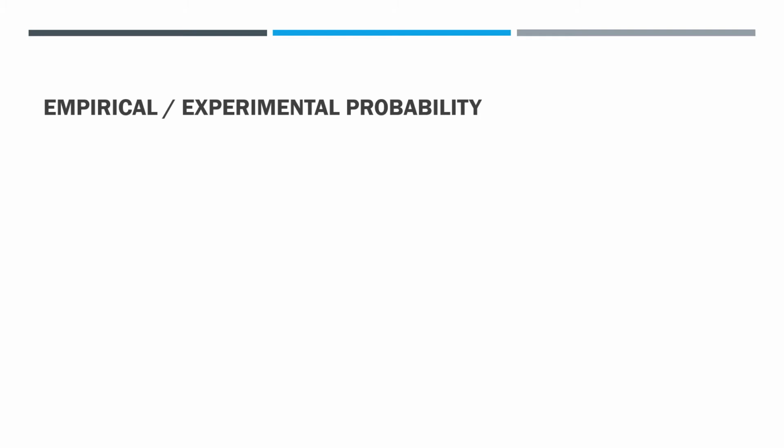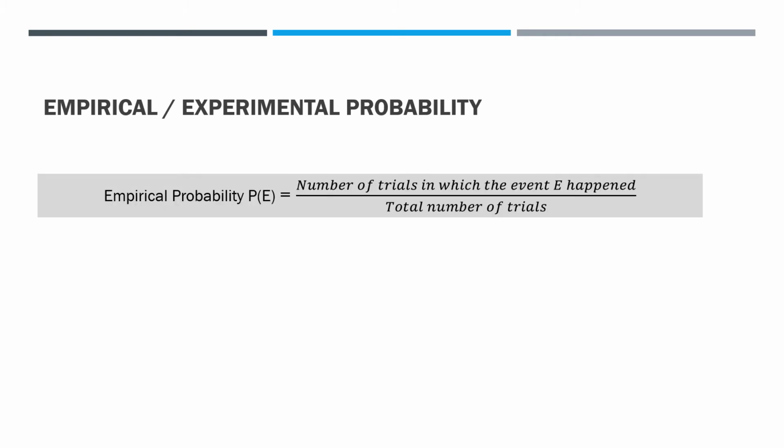Now I'm going to introduce you to empirical probability, or experimental probability. Let's start by understanding the difference. When I was describing theoretical probability, I said that it is what is mathematically possible.